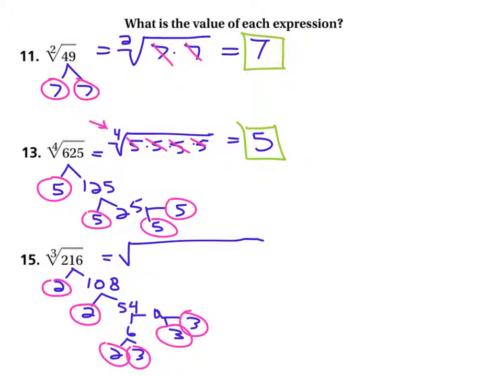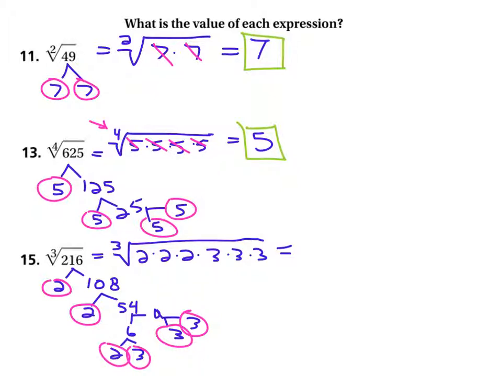So what do we got? We've got 2 times 2 times 2. You see three 2s down there, and three 3s: 3 times 3 times 3. And I didn't write it, but I should have: this is the third root.